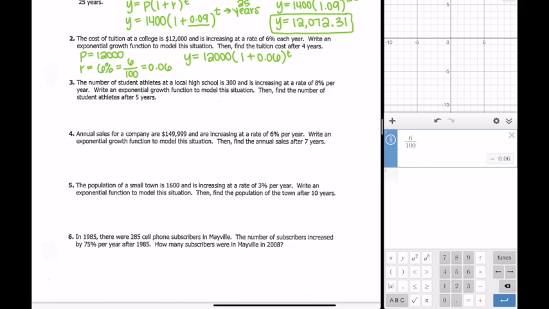So it's important, again, to note that if it's increasing 6% each year, then our t is going to represent years. So we can only plug in years for t. All right, well, if we want to know the cost of tuition after 4 years, then we can plug in 4 for t.